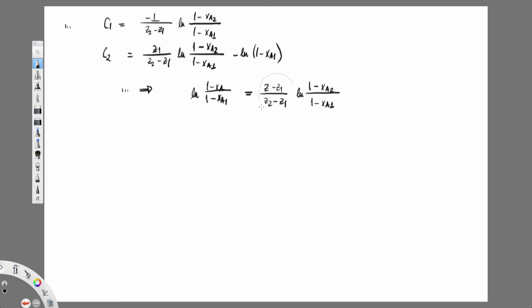And this term can actually go as an exponent, and then you can do E2 of this entire thing, and that will give you that 1 minus XA 1 is 1 minus XA2, 2, Z minus Z1.